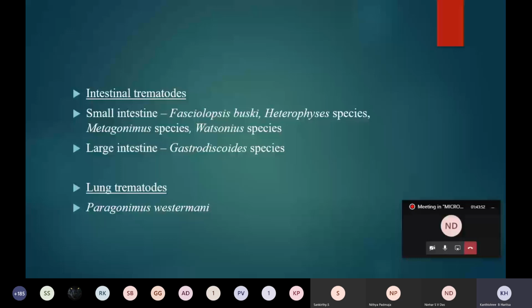In the small intestine, Fasciolopsis buski, Heterophyes species, Metagonimus species and Watsonius species. In the large intestine, you have Gastrodiscoides species. So lung trematodes, you have Paragonimus westermani.